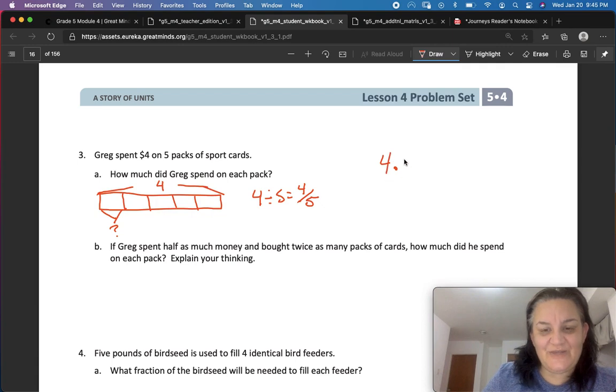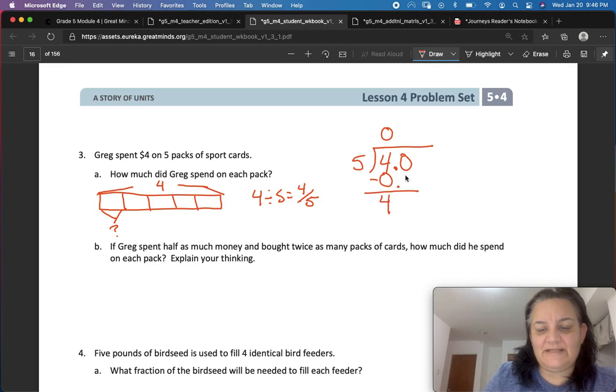And I can show you with decimals here. Have we been using decimals, dividing with decimals much? I don't know if we have. 5 goes into 4 0 times. 0 times 5 is 0. Subtract and I get 40.